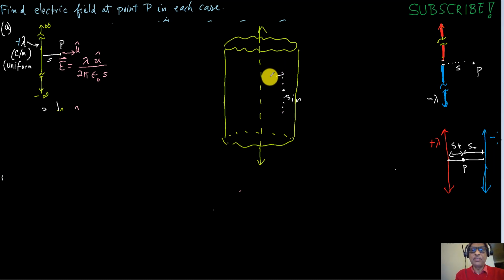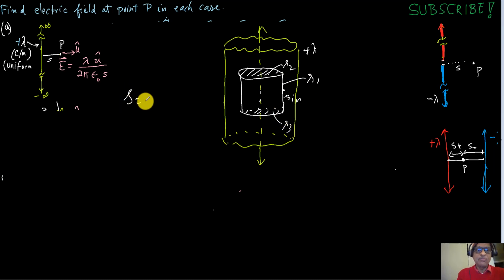So I can imagine this surface that lives completely inside this charge distribution, made up of S1, S2 and S3.